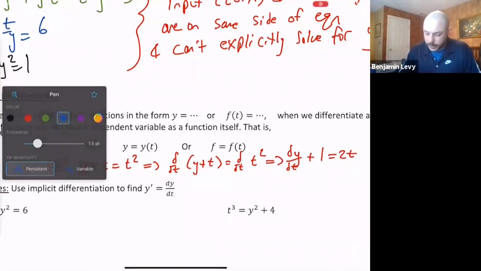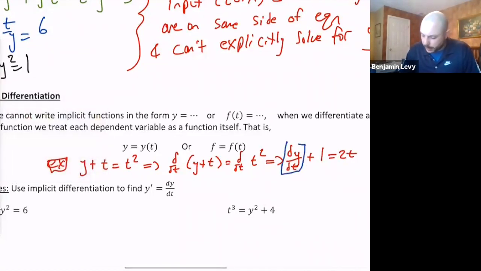And this is the implicit part right here. This is y prime, because y is a function of t. So when we differentiate it with respect to t, it just becomes the derivative. We know there's a t in there somewhere. We don't know exactly what the explicit representation is, so we just write it as y prime.